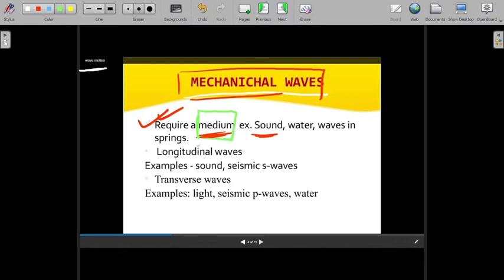Examples: the sound, seismic waves. Then transverse wave, examples: water, seismic wave, light. I think the light here is given wrongly. One second, this is wrong.